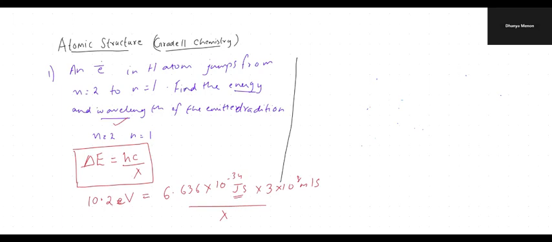Now if I use this, I need to convert the value of energy into joules. So instead I use the shortcut method, which will be helpful for the competitive exam. Energy in electron volt is given by 12375 by lambda, where lambda is in Angstrom. Please memorize this.